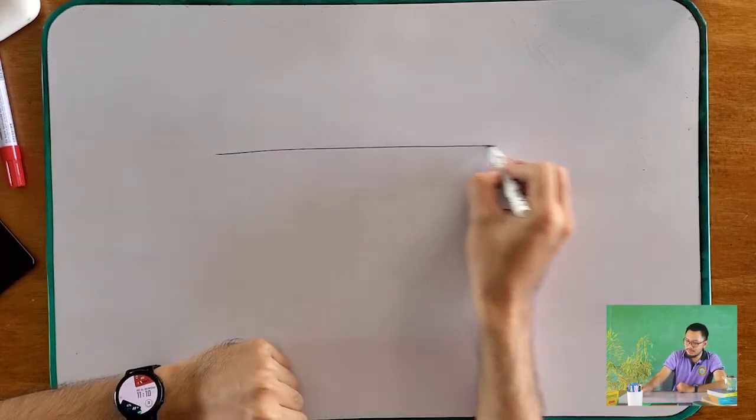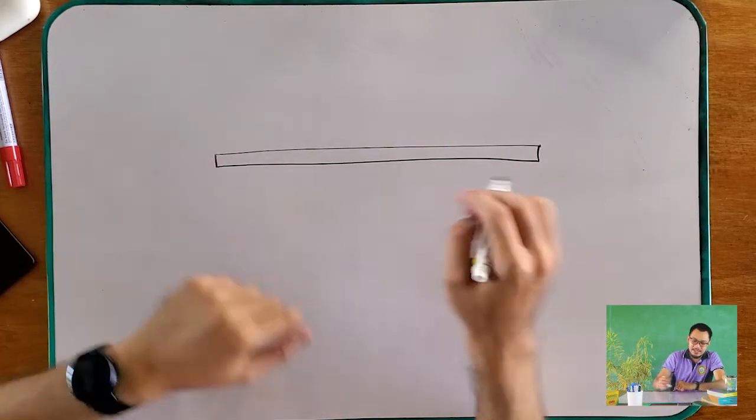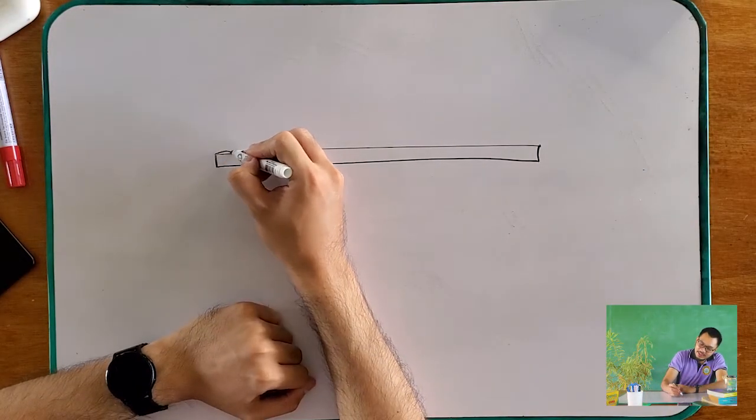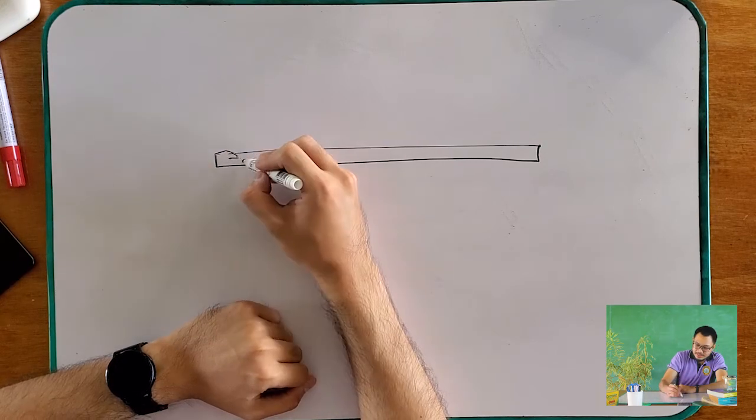Okay? Let us first imagine a stick. I will teach you this principle so that you can apply it later on. So I have this stick, and I am holding this stick at this end.